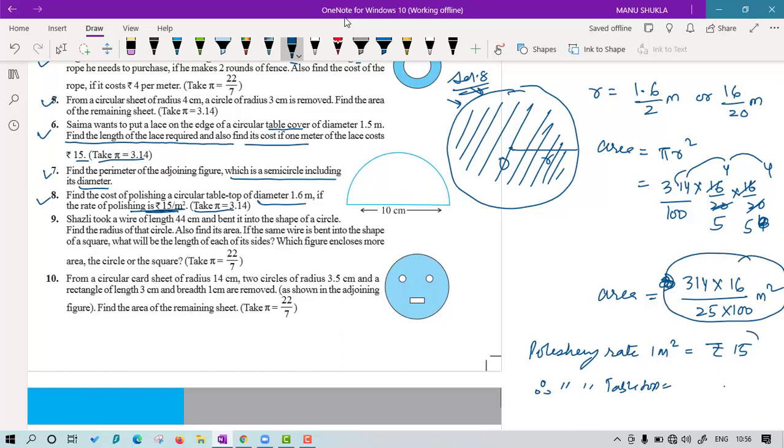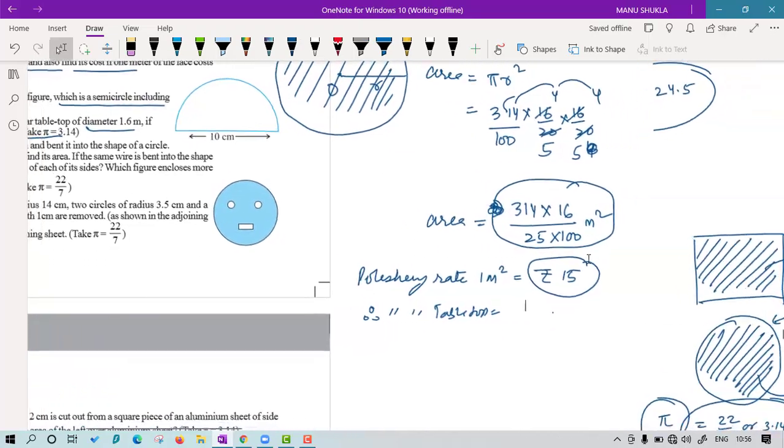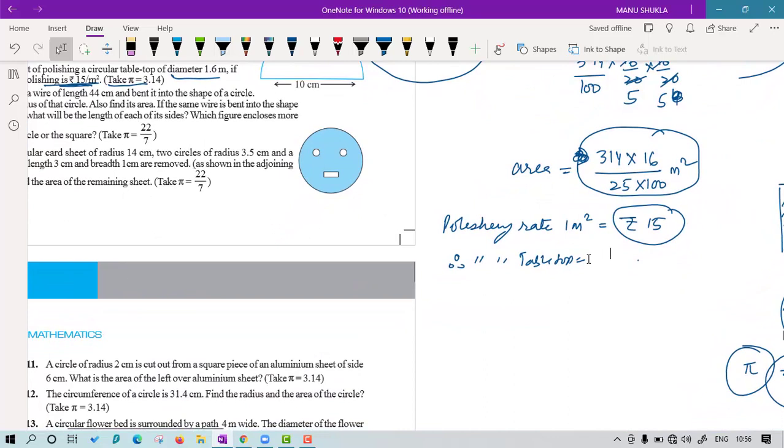So now you will understand why I have not multiplied above, because I had some thought that maybe it will get simplified. So 314 into 16 upon 25 into 100 multiplied with 15 rupees. Now we can solve these two. 5 3s are 15, 5 5s are 25. And now finally you have to multiply these three and divide by 500.